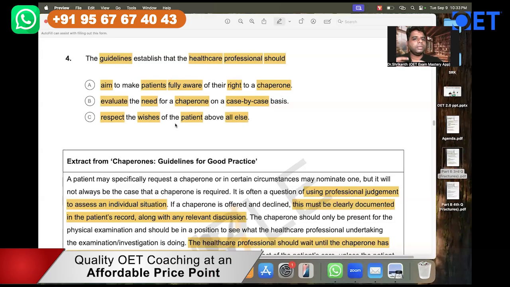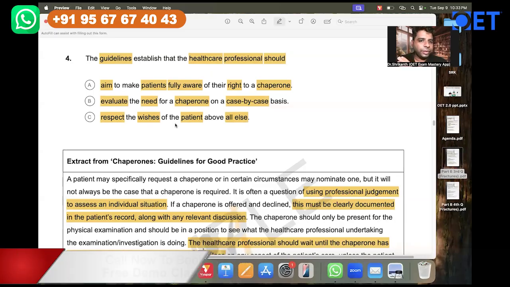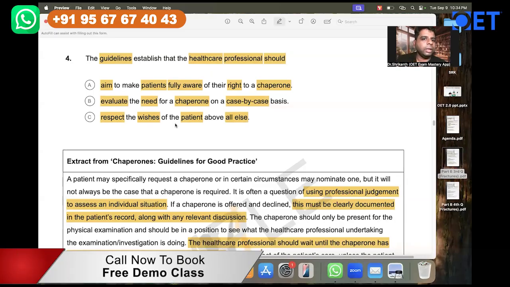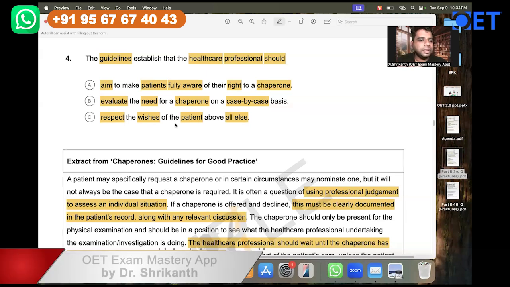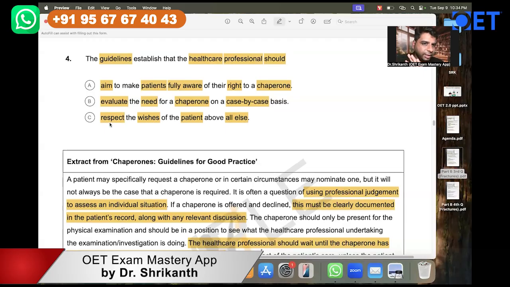If the patient says, I want to get discharged today, then the healthcare professional says, your wish is my command, you can be discharged. If the patient says, no, I want to stay in the hospital for 10 more days, then okay, you can stay for 10 more days. Whatever wish the patient states, the number one priority should be given to those wishes. So that is what answer option C is telling.